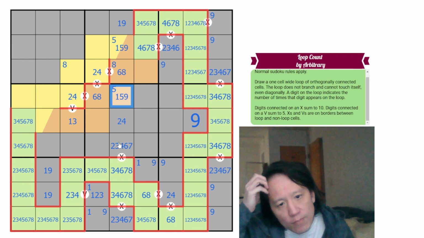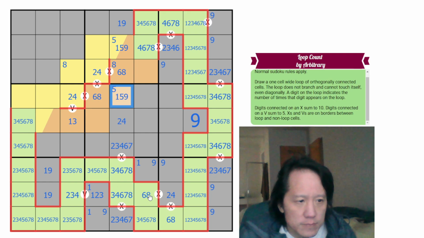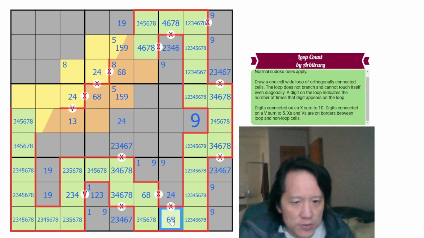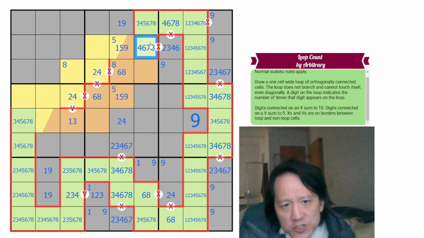Okay. So this is the same as that, which is fine. Can this be 4 twice? Then this would be 2, 8, 2, 8. This would be 4, 1. This would be 2, 3.